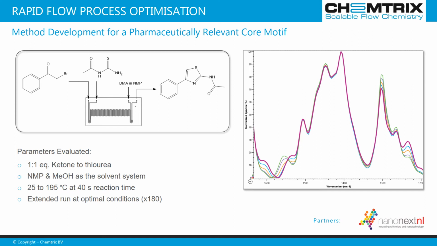And when you're using a small flow reactor like this, one of the benefits is in a couple of hours you can have done several hundred reactor volumes to demonstrate that you have a stable process. So what you can see here is the spectra on the right, and this is a summation of the data that we collected over a range of temperatures. And you can see several areas of interest where we're getting change over the processing conditions that we've applied.